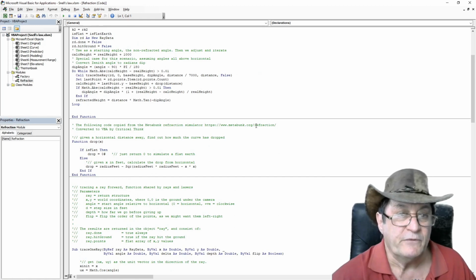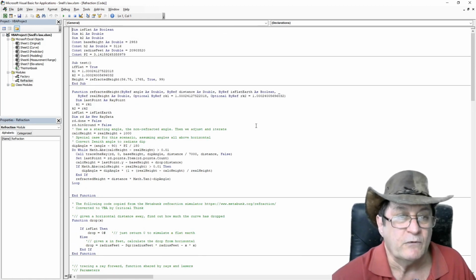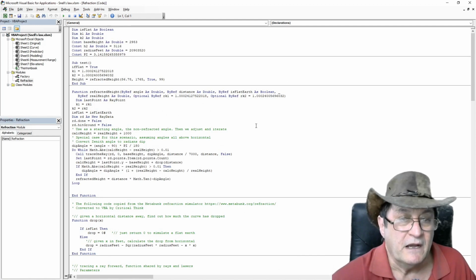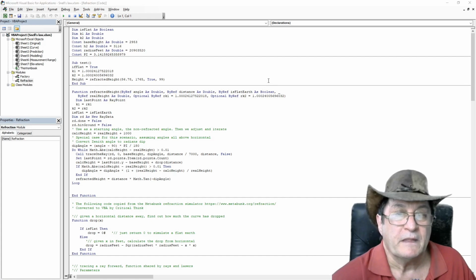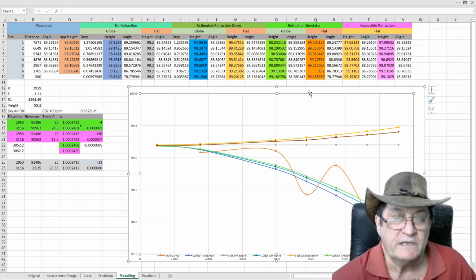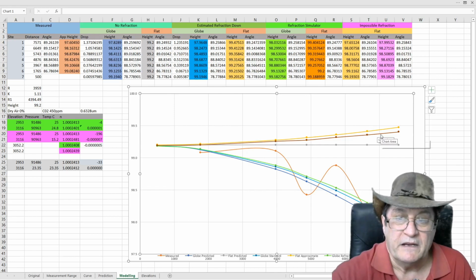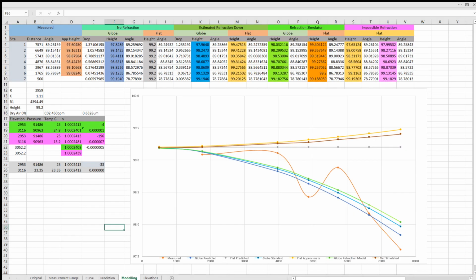I've tried to find the ray of light that traced to the top of the pole, and then worked backwards from that to what the height of the pole would look like. So that's the refraction simulator that I've built, and that's this brown line here for the flat Earth, and this green line here for the globe.